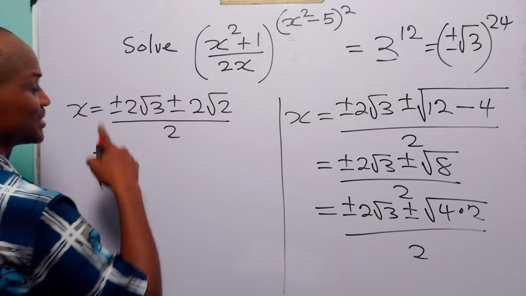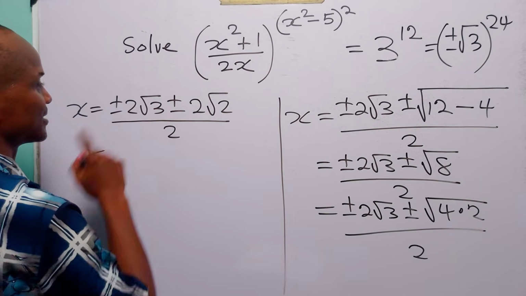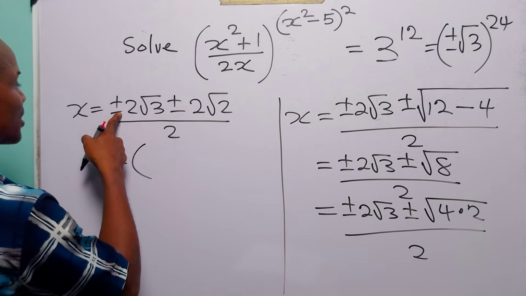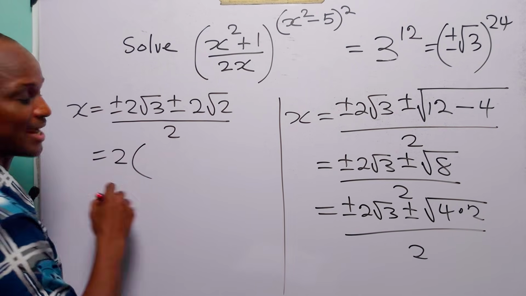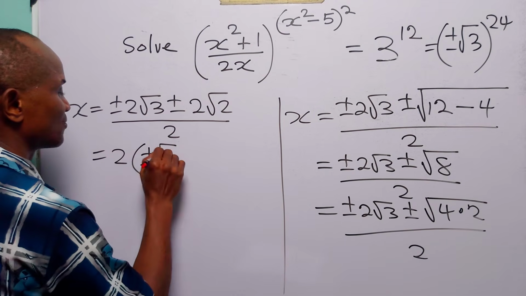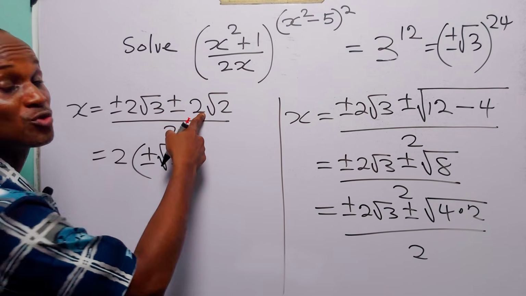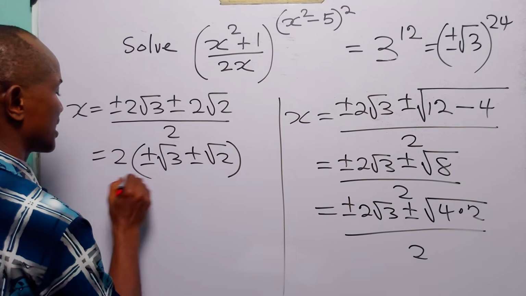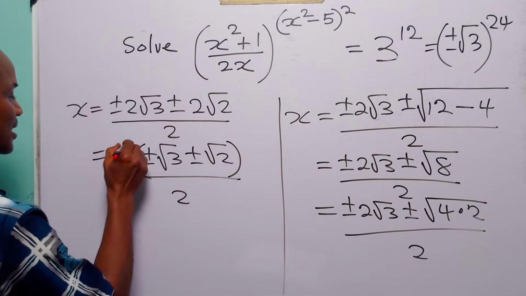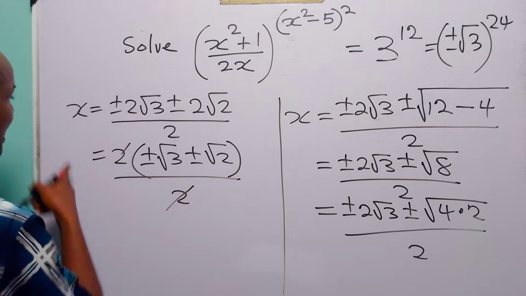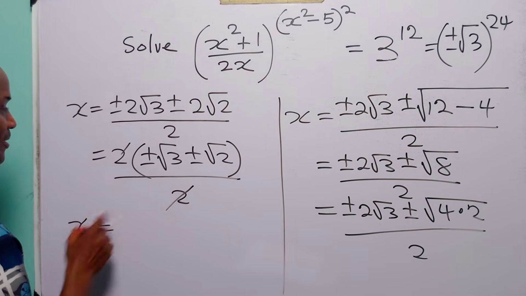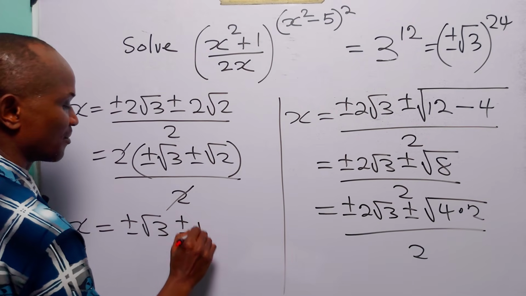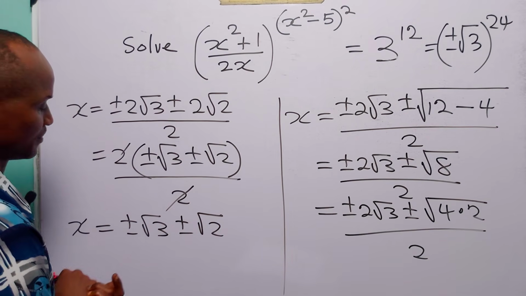Now, when you look at these two terms, you'll see a common factor, which is 2. So we can factorize. Here we have 2 into plus or minus 2 root 3 divided by 2, which of course is plus or minus root 3, and plus or minus 2 root 2 divided by 2 is plus or minus root 2. And this is divided by 2. Now, this is going to cancel that, and we have that x is equal to plus or minus root 3 plus or minus root 2.